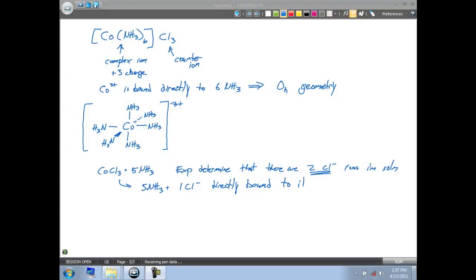So when we draw our complex ion, it's going to be a cobalt with 5 different ammonias and 1 Cl.